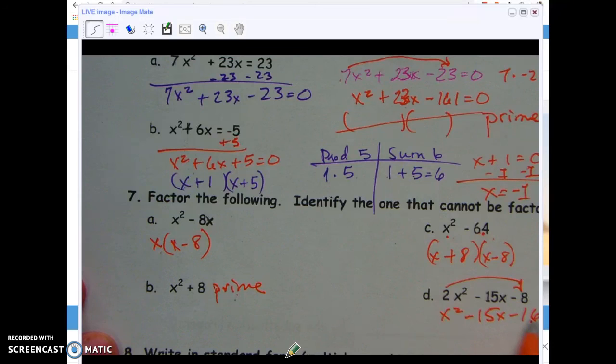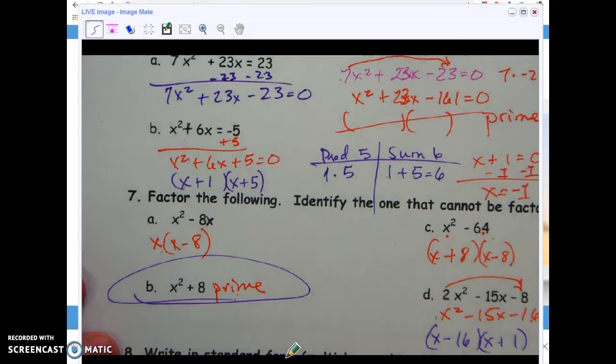Negative 16 plus 1 will give me a sum of negative 15. And you want to get to where you do this enough that you notice those tricks. When there's only a difference of 1, that means it was multiplied by 1. So that's going to be minus 16, bigger number's negative because that's negative, and then plus 1. Factorable. Okay, so that makes that one our answer.